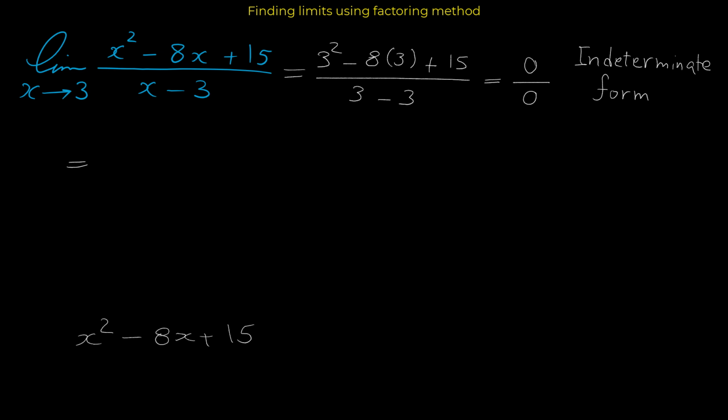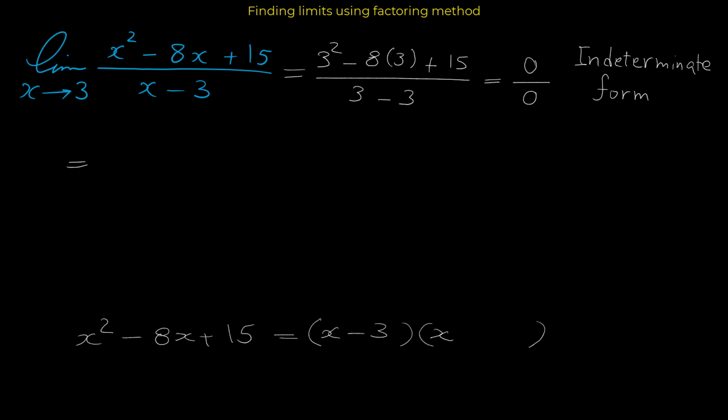We have x squared minus 8x plus 15. If you remember, for factoring a quadratic expression, we put two brackets. In each bracket we put x, and we try to find two numbers whose product is 15, and the sum of those numbers is negative 8. 3 times 5 is 15, but we want the sum to be negative 8, so our numbers should be negative.